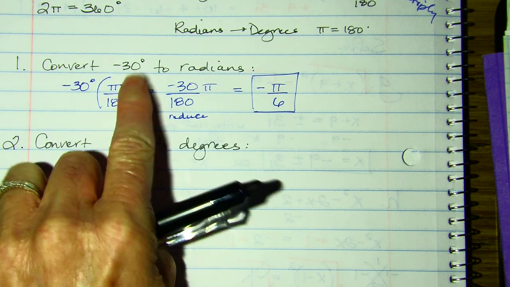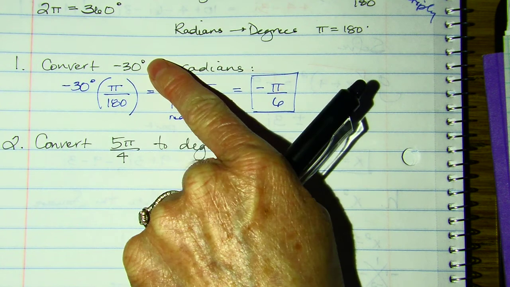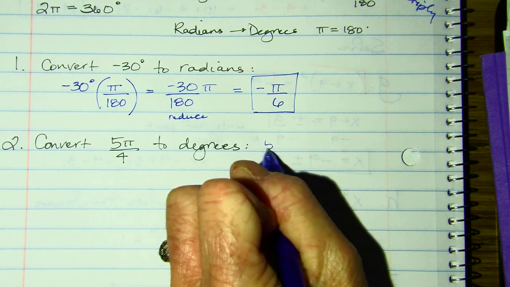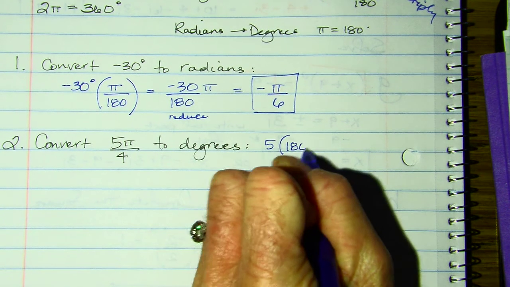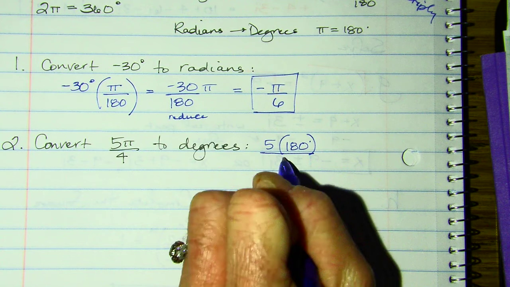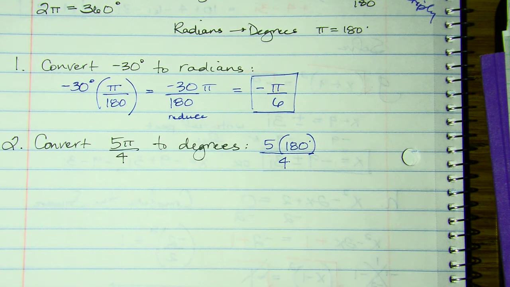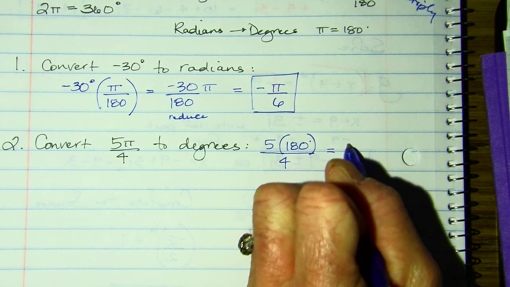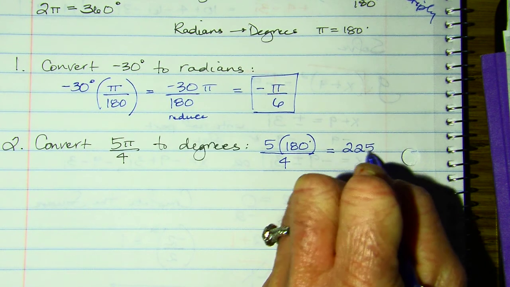I know 30 is in degrees because of the little bubble. So to convert this, I'm going to replace pi with what it equals in degrees, 180 degrees. And then from there, I would use my calculator. 5 times 180 divided by 4, and I get 225 degrees.